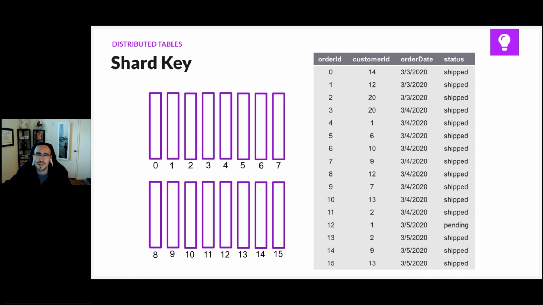So you have different orders, customer IDs, order dates, and status. And you want to take this table, which is more than the 16 rows that we see here. In fact, a table could be millions, billions, or trillions of rows, but we're keeping it simple for this scenario.